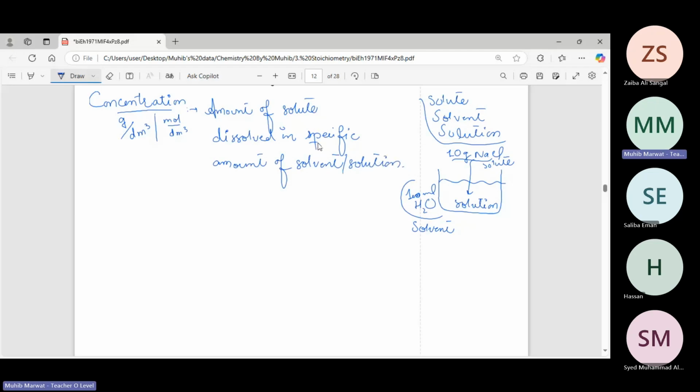For example, we are going to take 1 liter, and 1 liter is equal to 1 dm cube. Now we have two containers of 1 liter, two beakers.